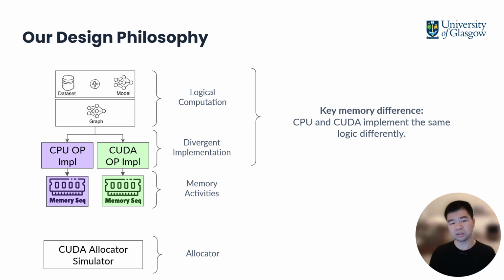This led us to our key design question. Is it possible to build a map between them? Particularly, can we run a job only on the CPU, capture the memory sequence, and replay the sequence in a given allocator, like the CUDA caching allocator, to predict the memory usage for CUDA?